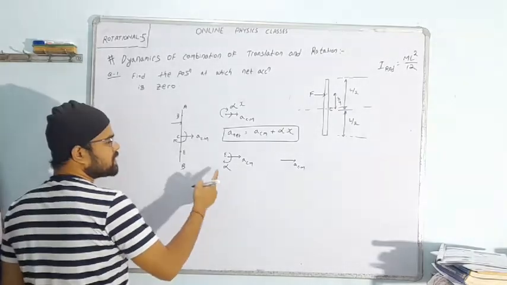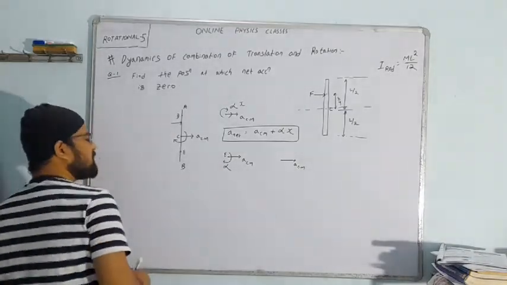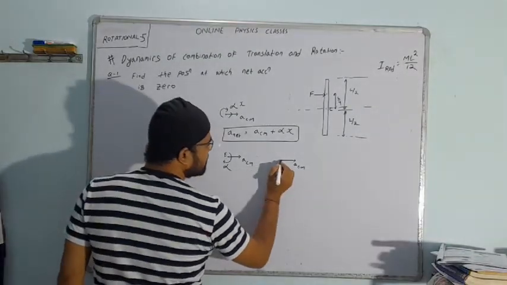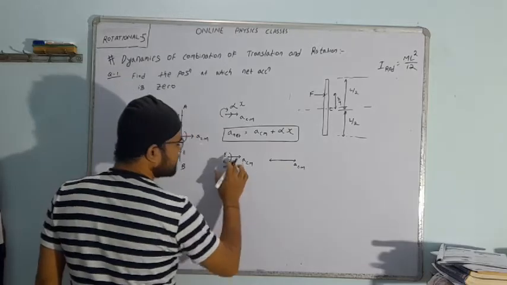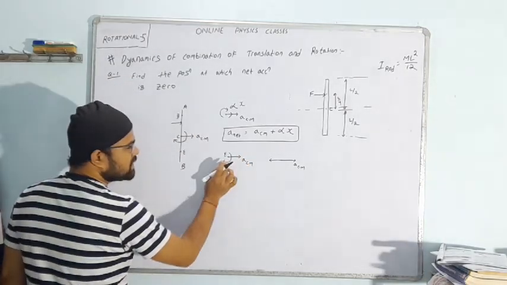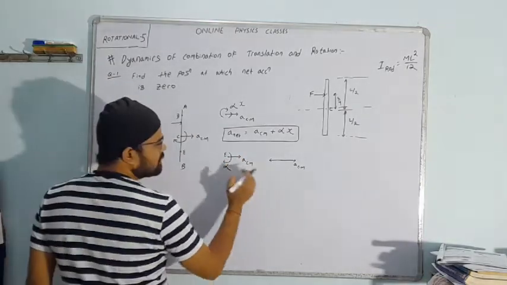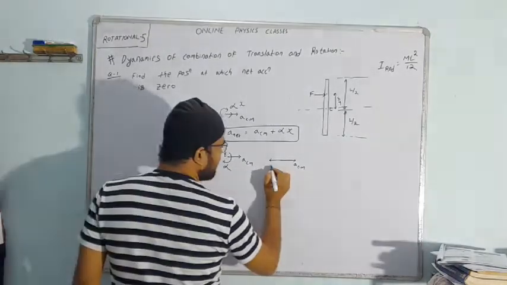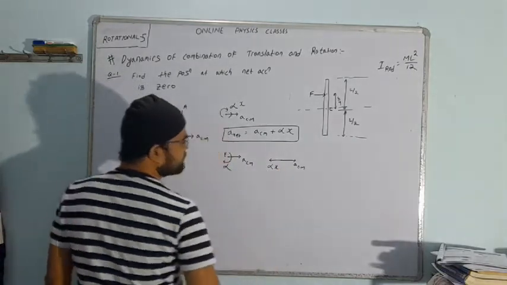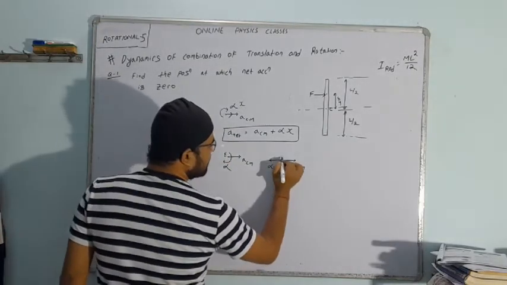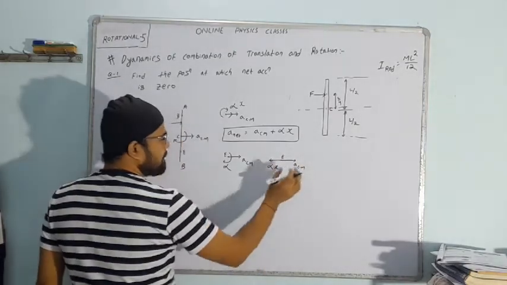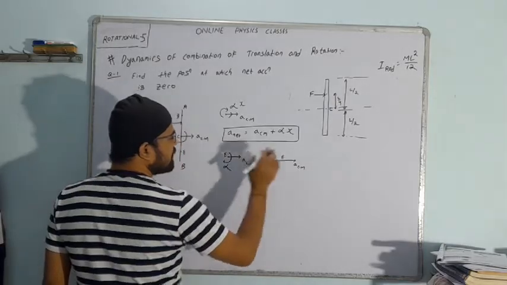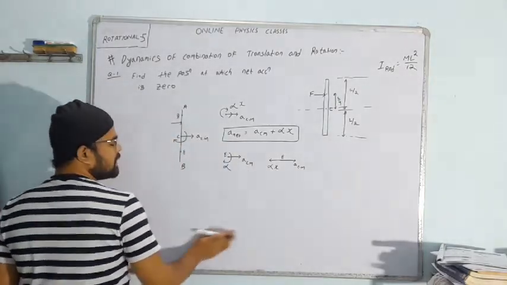If you convert rotational angular acceleration into translation, we multiply by the distance. Since the sense is clockwise, it will be opposite to the center of mass acceleration, so this will be alpha x. At point E the linear acceleration is in the right direction and the angular acceleration is in the leftward direction.